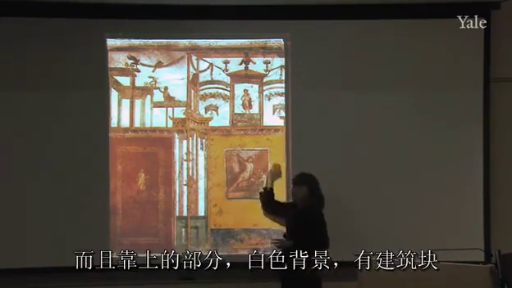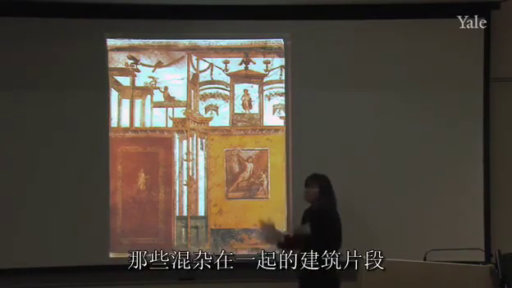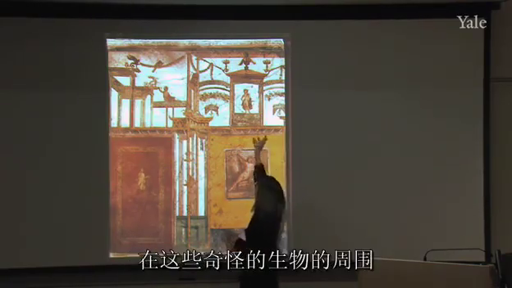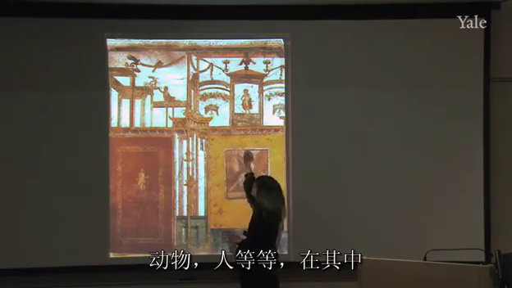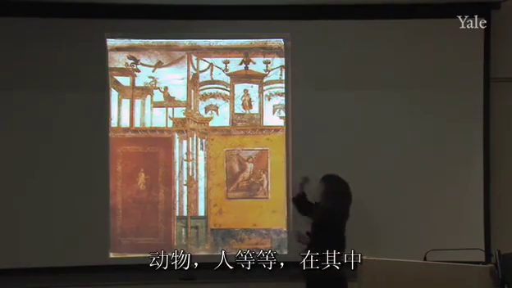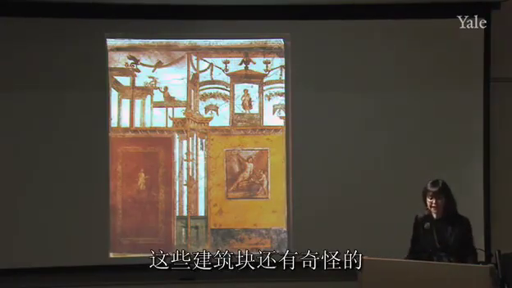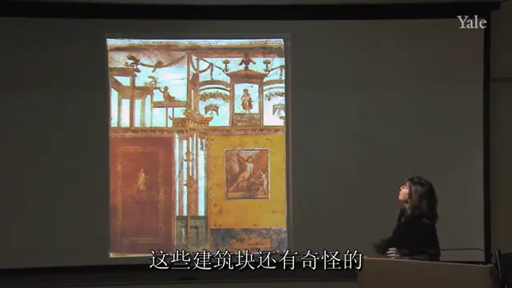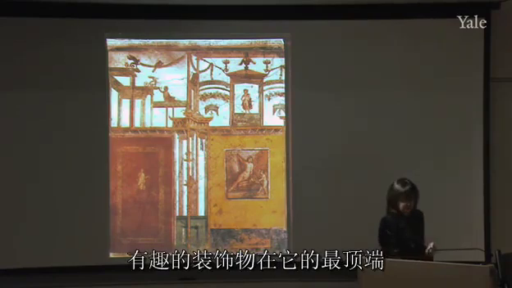And then in the upper zone, again, against a white background, those architectural cages, those fragments of architecture that have been jumbled together and are used as a milieu for these very strange creatures, animal, human, and the like, that are located in them, these architectural cages that are also decorated with strange and interesting ornamentation at the uppermost part.